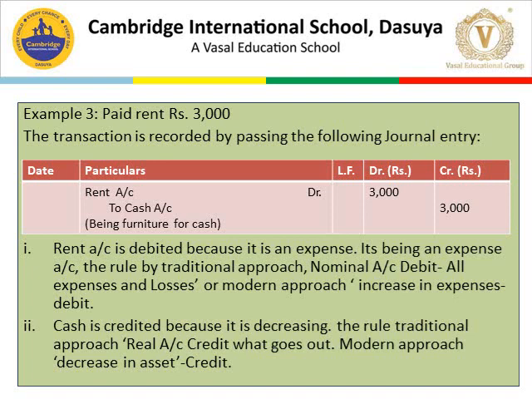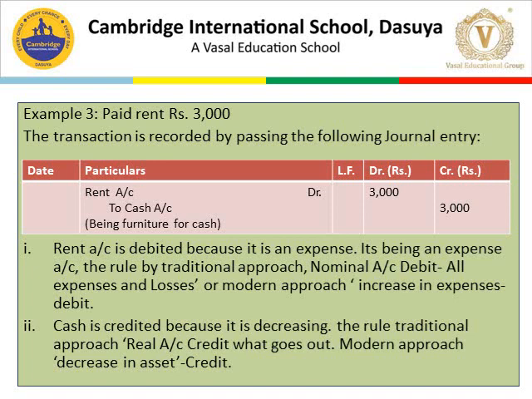It being an expense account, the rule which we are following according to the traditional approach is nominal account, that is debit all expenses and losses. Rent is an expense. That is why nominal account says all expenses and losses debit. Or in modern approach, it says increase in expenses debit.